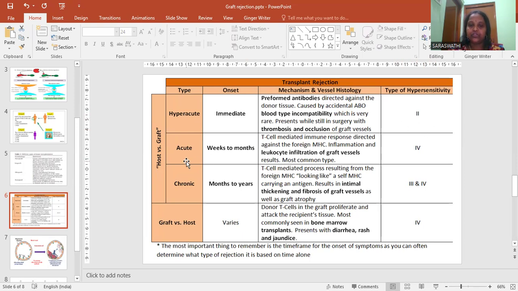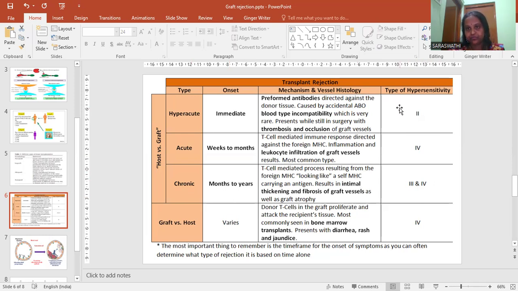Next is the acute rejection. It will take weeks to months. It is mediated by delayed type hypersensitivity. Here there is no antibody; the T cells directly activate it. T cells activate the T helper cells and the cytokine molecules. Then it activates CD4, CD8 molecules and MHC1, MHC2, which in turn activate inflammation. Chronic graft rejection takes months to years.